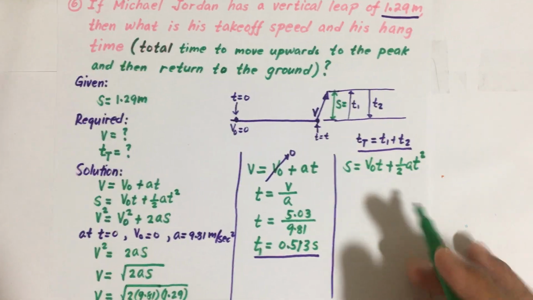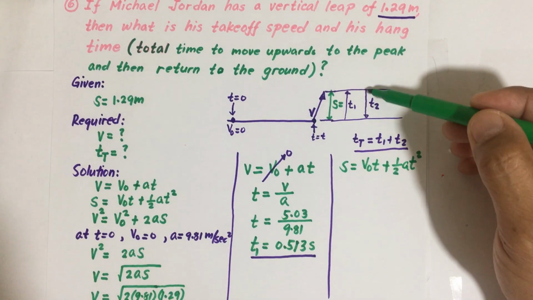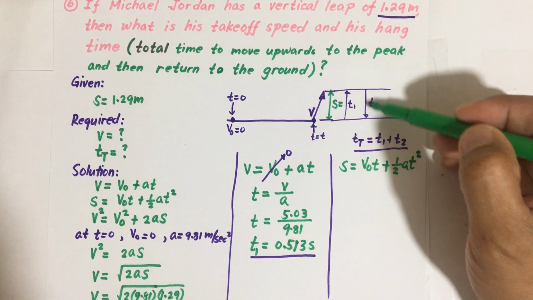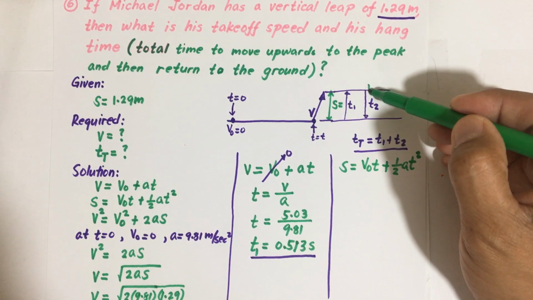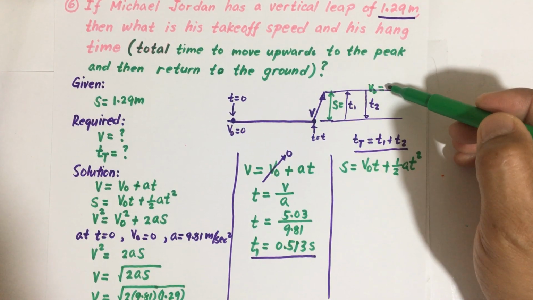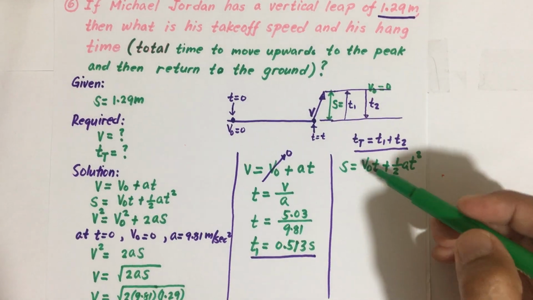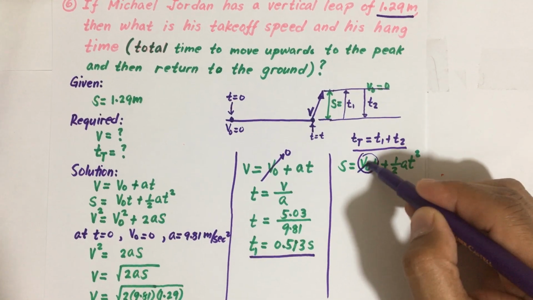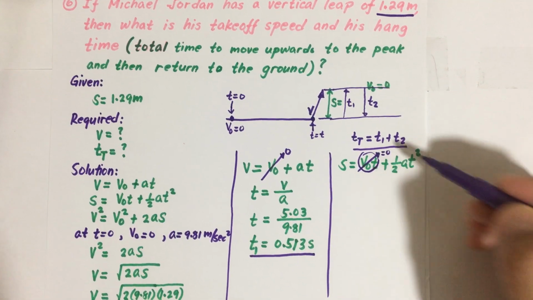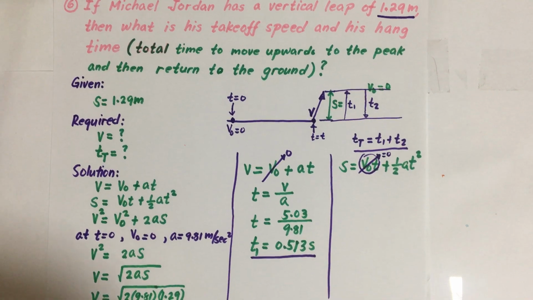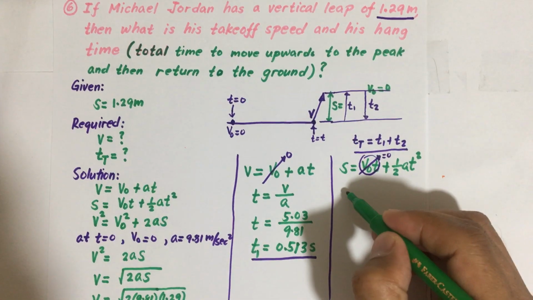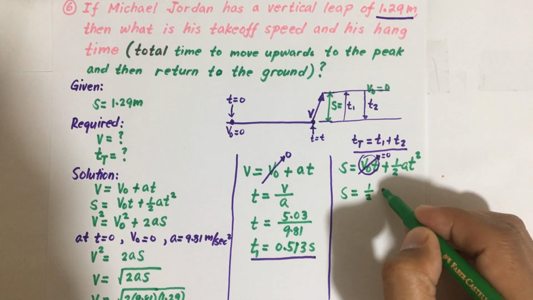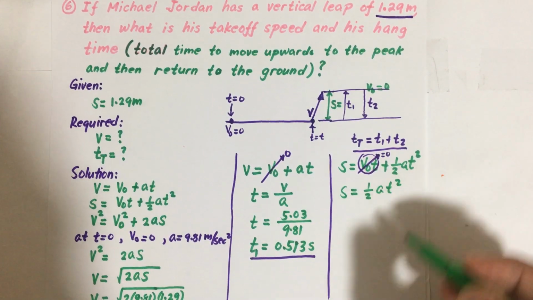So when it goes down, the initial velocity at this point is like a pre-fall, so the velocity here is equal to 0. So this part becomes 0. Our formula now is S equal to 1/2 A times T squared.